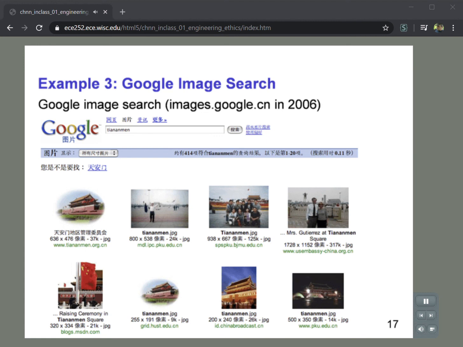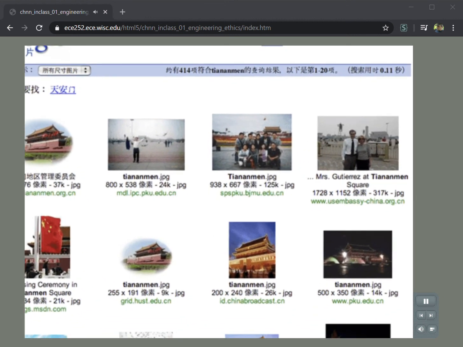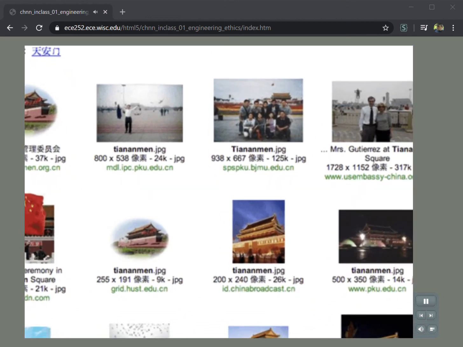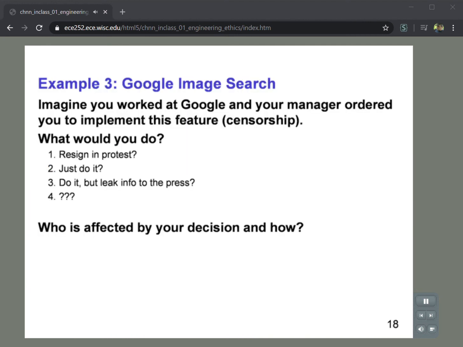You basically get a collection of people's tourist photos from Tiananmen Square. And so if we zoom in on that, you can see those a little bit more closely again. So these are all very peaceful and happy and wonderful pictures. No clue that anything bad had ever happened in Tiananmen Square.